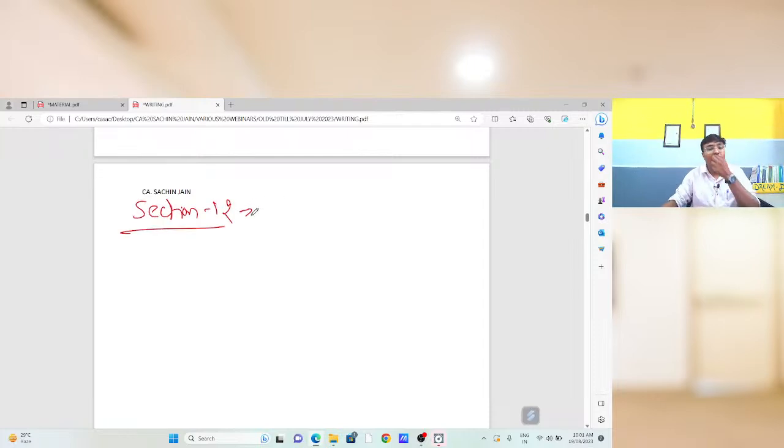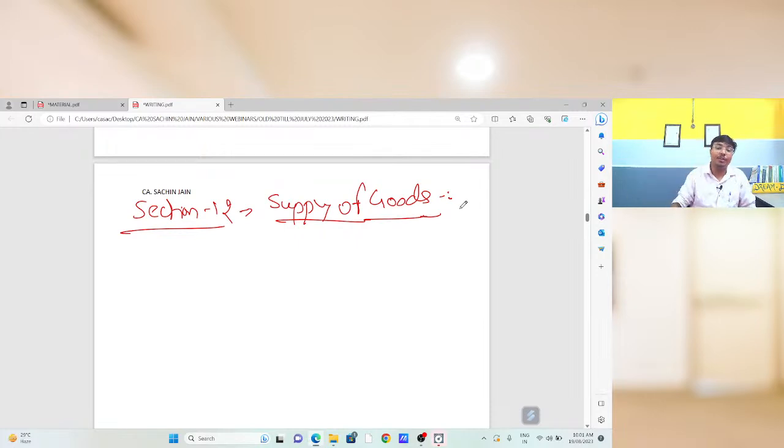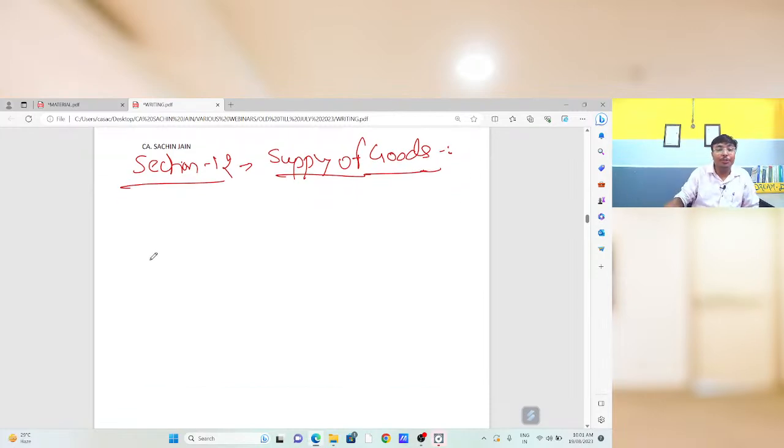section number 12 will be applicable in case of supply of goods. Section number 12 will be applicable in case of supply of goods, and if I am going to make the supply of goods under forward charge, in that case, what will be the time of supply?